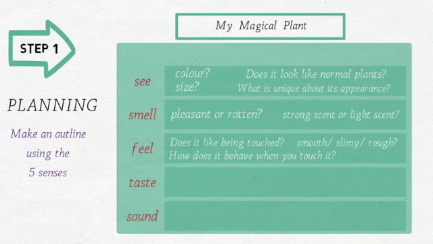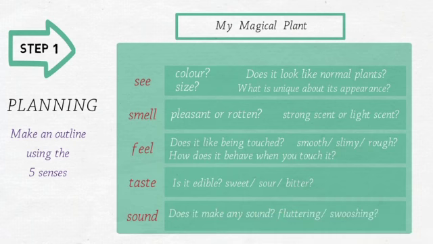Coming to the fourth sense, can your plant be eaten? If yes, how does it taste? You also have to think about how your plant sounds. Does it make a fluttering sound like a butterfly when its leaves move in the wind? Or any other sound?